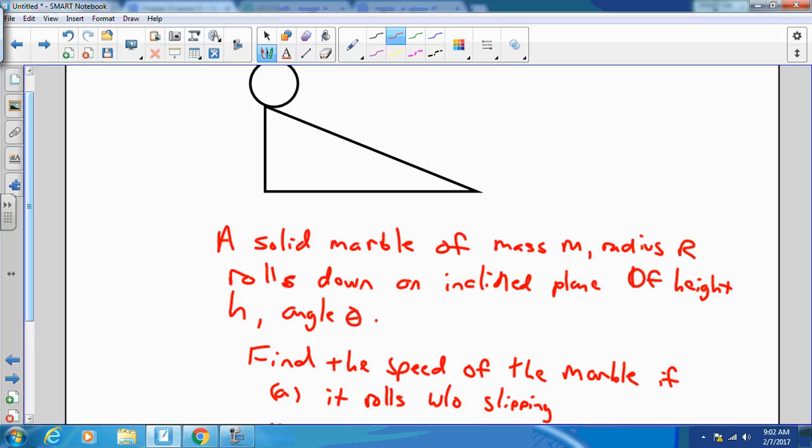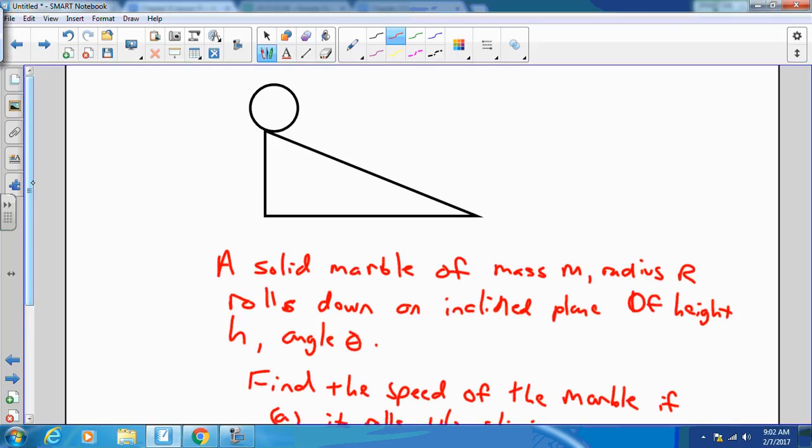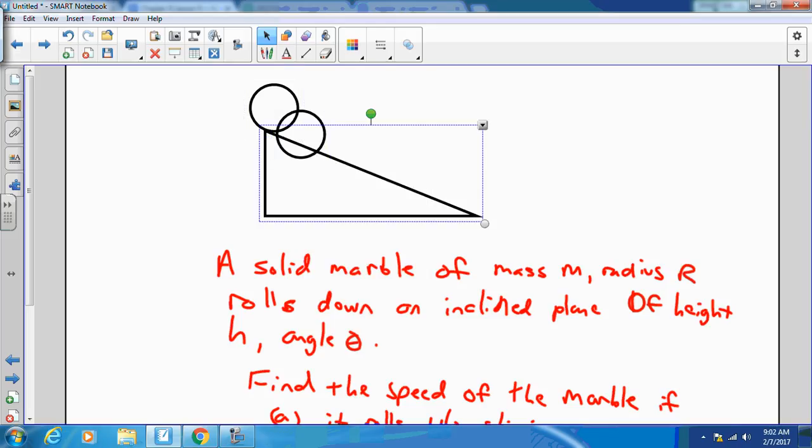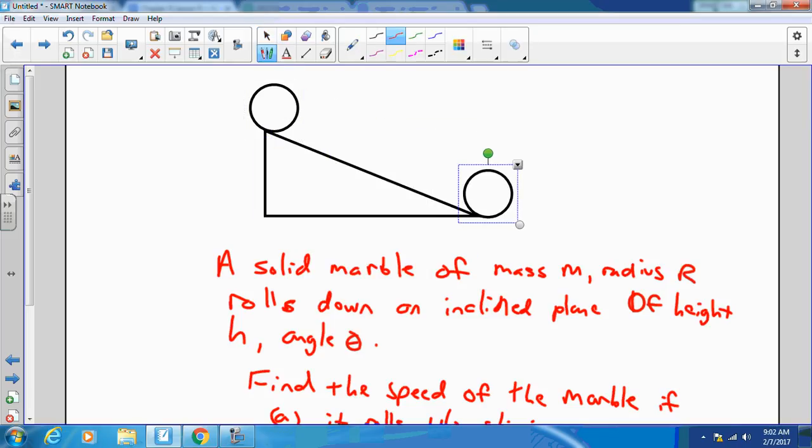All right, so we're going to analyze this in terms of energy, and then if we have time, we'll come back and we'll analyze it in terms of forces. Forces is definitely the slow way, but it gives us some additional insight in the analysis. And we consider initial and final states.